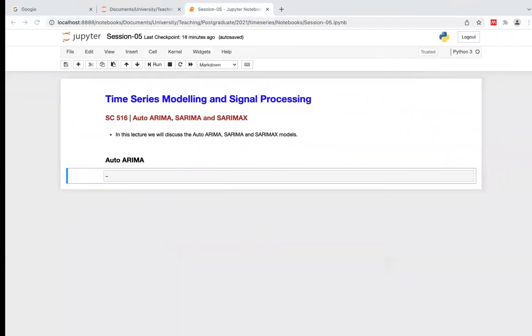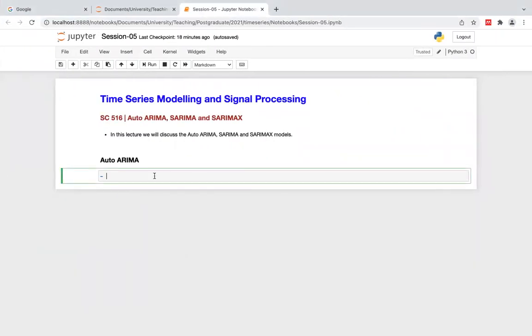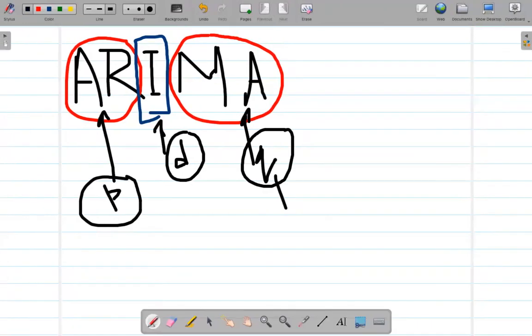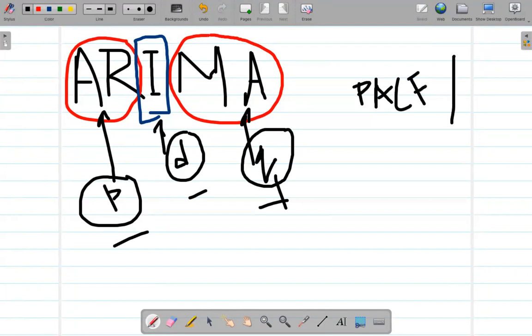In AutoArima, we are going to automate them. In the AutoArima model, we find the optimum parameter values for P, D, Q, rather than going with the PACF or ACF graph.